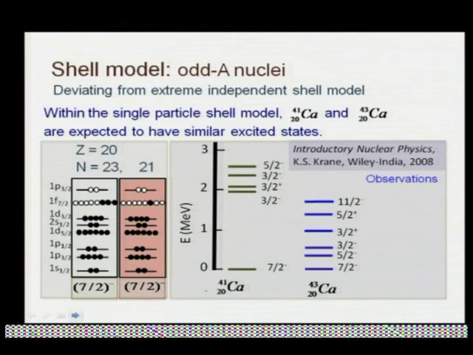There is a 5/2 minus even before that. How do you accommodate that? And there are not only these, but many other low lying excited states, 3/2 plus, 5/2 plus, 11/2 minus, etc., even before you reach 2 MeV, which is needed to break a pair of nucleons inside the nucleus as expected.